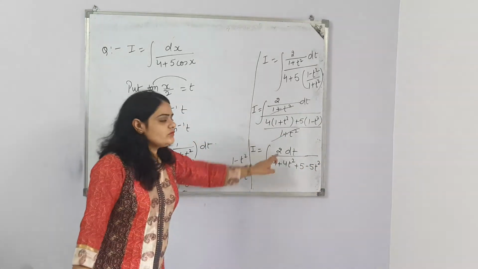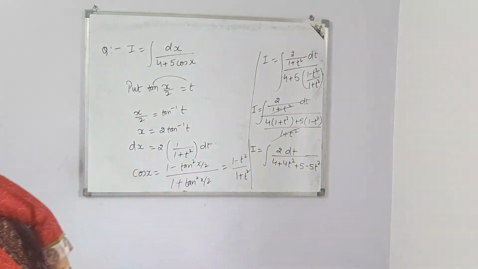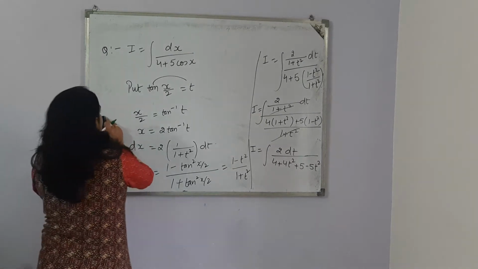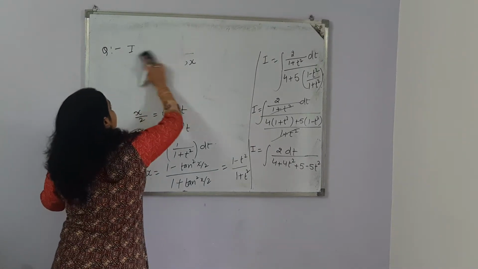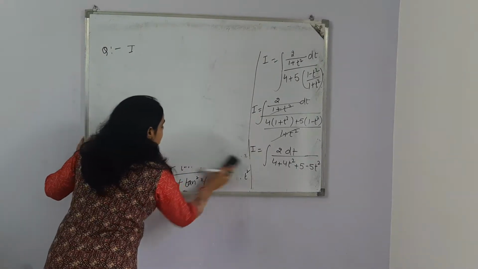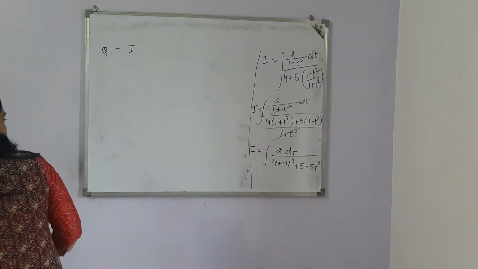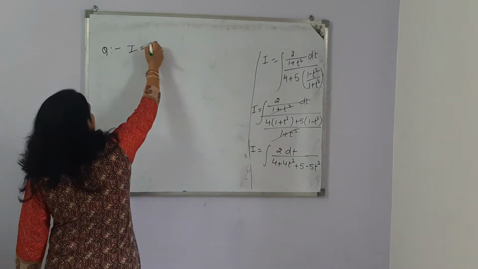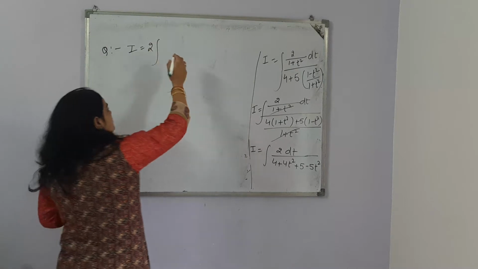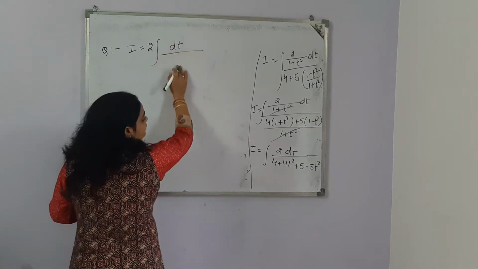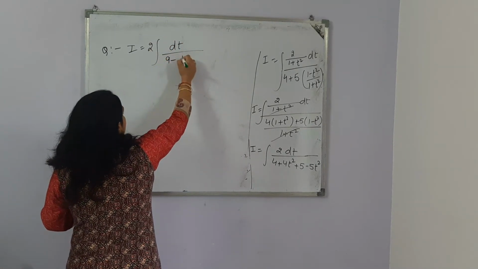This 2 is a constant. Can I take it out? So after taking the 2 constant out, what will we get inside? dt whole upon 9 minus t square.